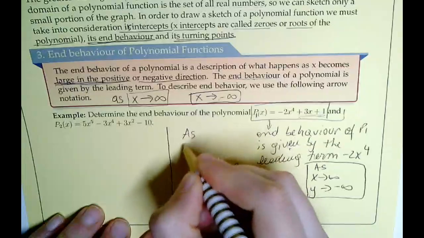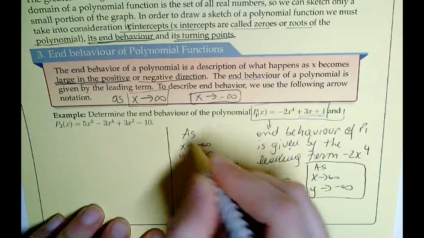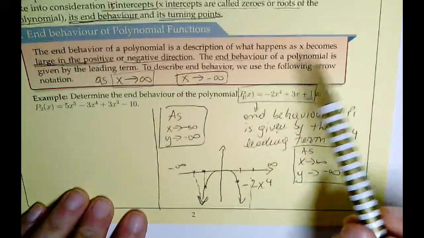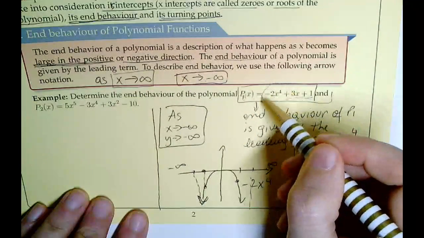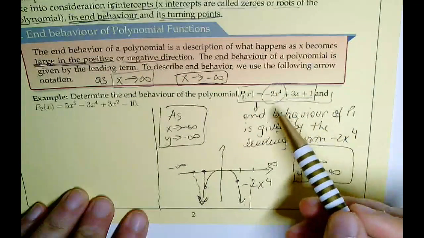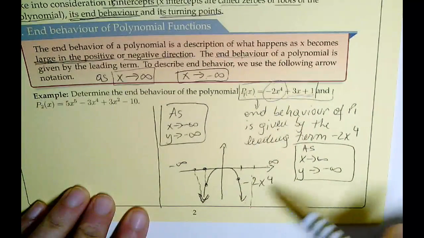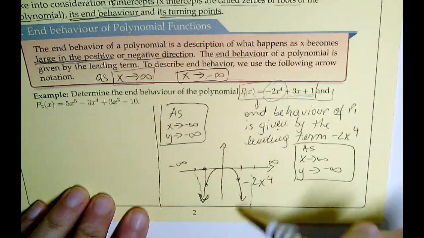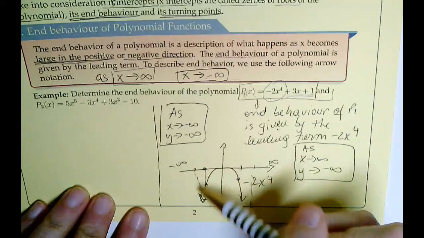So as x goes to negative infinity, y also goes to negative infinity. We say that the end behavior of p1 of x is going to behave just like the power function negative 2x to the fourth. As x goes to infinity, the graph goes down to negative infinity, and as x goes to negative infinity, it also goes down.